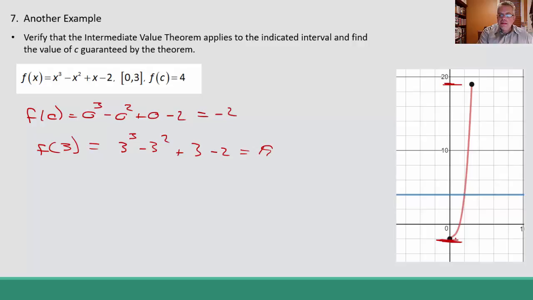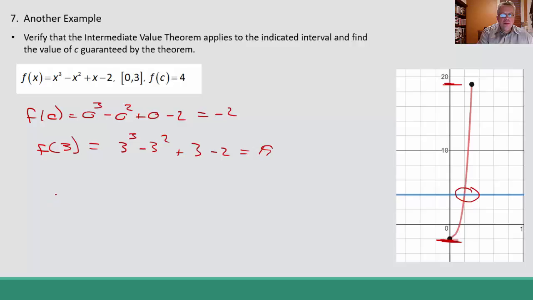What this theorem is saying is that the function has to pass through every value between -2 and 19. We want to know where it's equal to 4. Since 4 is in between -2 and 19, the function has to cross that someplace, and it crosses it right here. So we're going to find out what that point is.